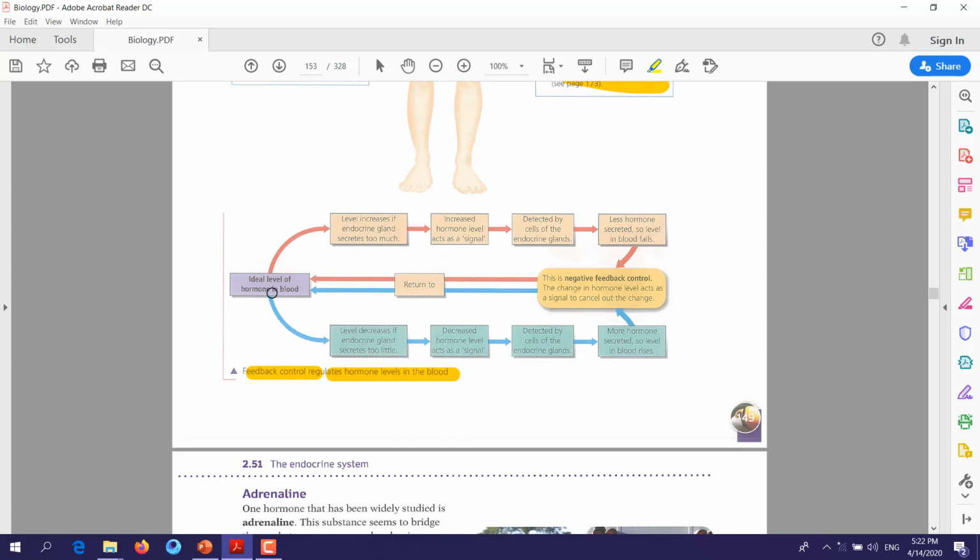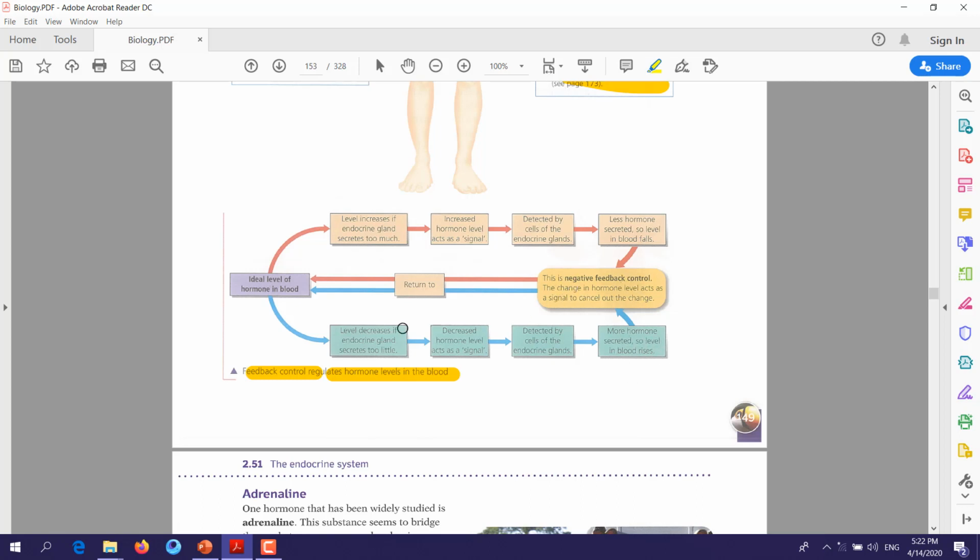And the same thing here: if the level of hormone decreases, the decreased hormone level acts as a signal that will be detected by cells. And then what will happen? If it's less in the blood, more hormone will be released.